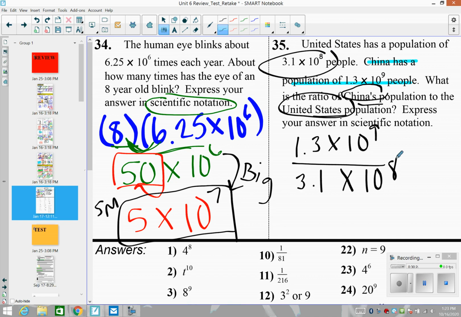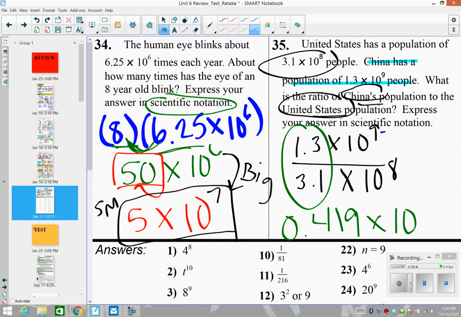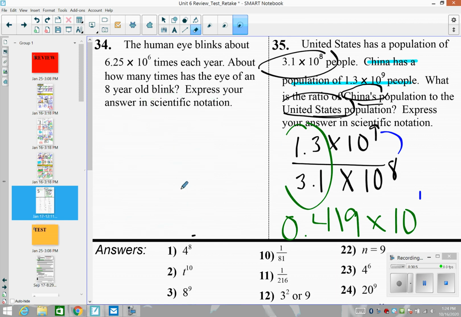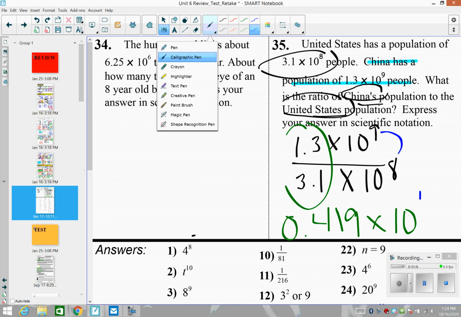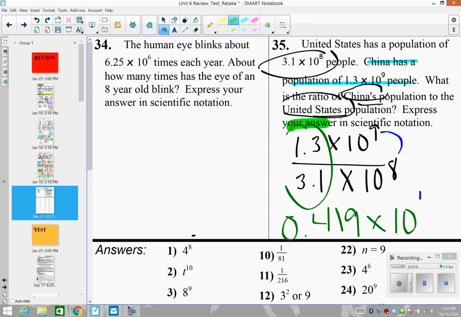All right. Division kicks in here. Divide the coefficients, 1.3 divided by 3.1 gives us, I'm just going to leave it at that, to the thousandths place. And we subtract the exponents, which gives 1. Now it says specifically that we need to write our answer in scientific notation. And the problem we have right now is this doesn't fit in the bank.